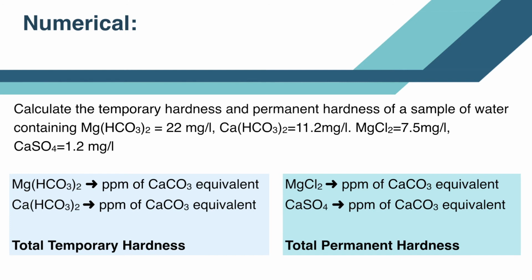Third job is combining all the amounts of temporary hardness and all the amounts of permanent hardness. If you want to know the total hardness of your water, simply add total temporary hardness plus total permanent hardness. That will give you the total figure of hardness present in your water.